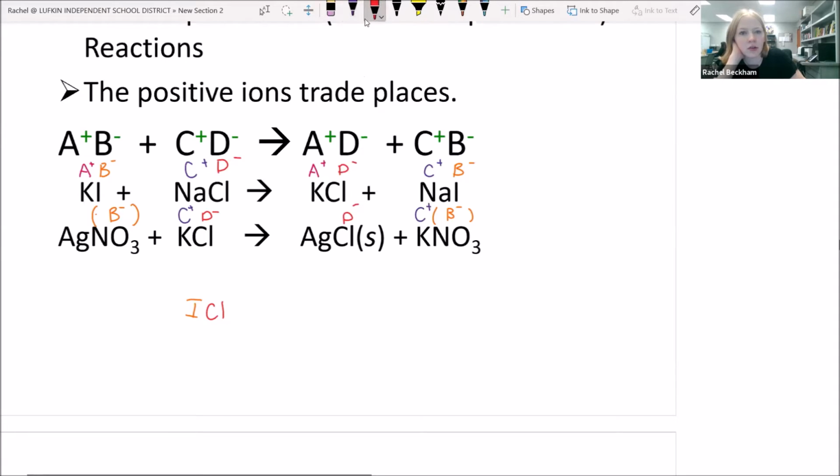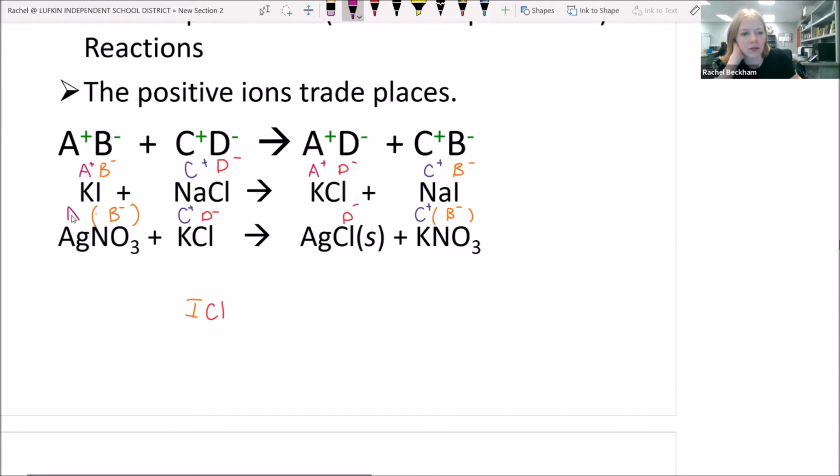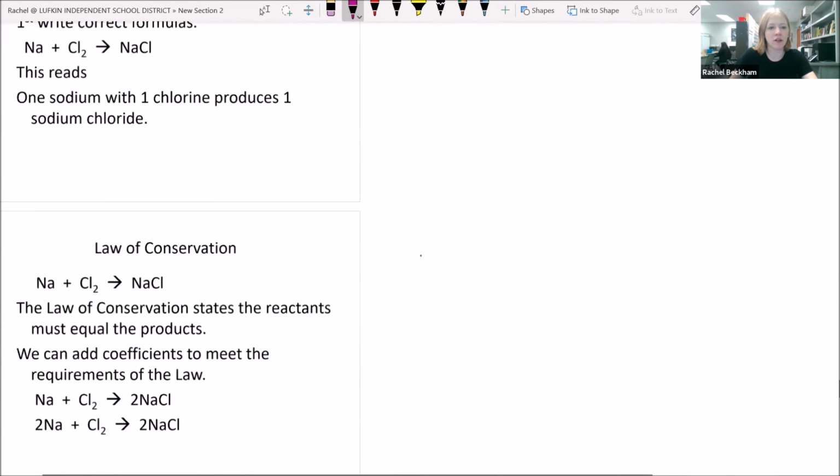And then our silver is our A. I think I did that in this color right here. That's a little bit of a different color, I think. And so that's how these swap. So your A swaps to go with your D, and the C swaps to go with the B. That's a double replacement.